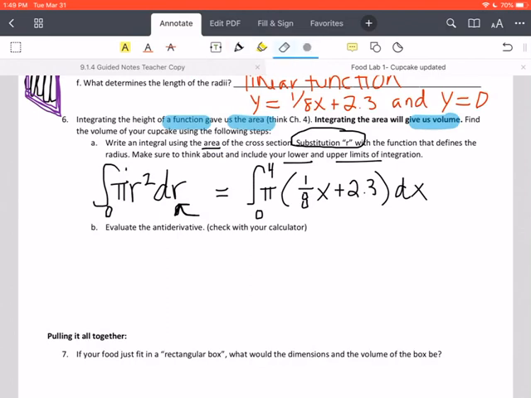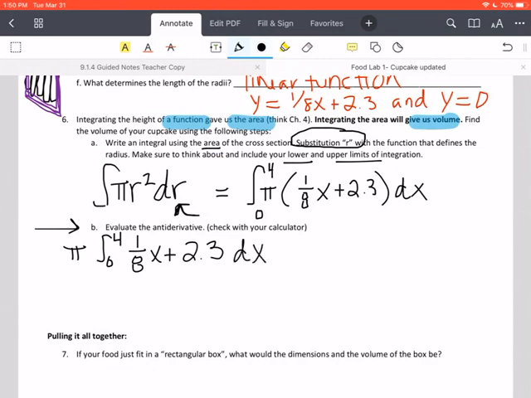So I should probably go back and erase these until my variable is x, and then I can look off the x-axis. Now this pi is constant because every circle is going to include that constant. So now when we evaluate the antiderivative on part B, we are going to pull the pi out front, from 0 to 4, and then look at 1/8 x plus 2.3 dx.